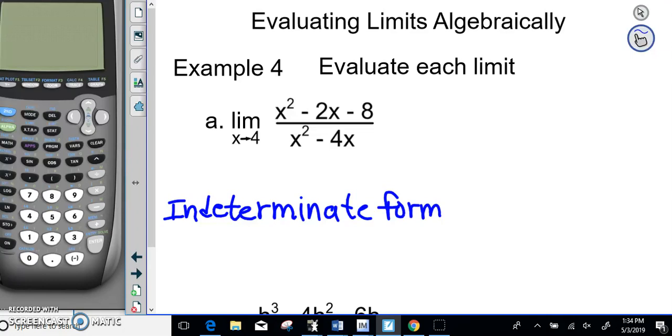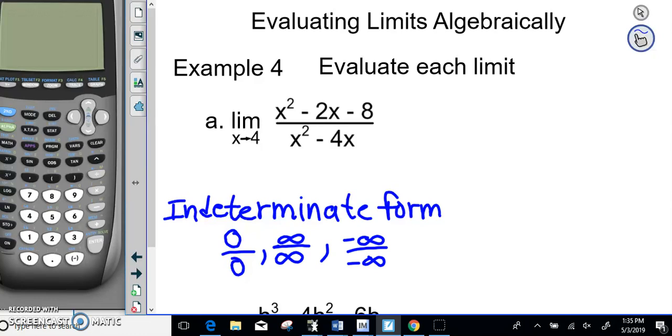You will get one of a few things. You'll get 0 over 0, which is an indeterminate form. You can't determine what the answer is. Or you get positive infinity over positive infinity, or negative infinity over negative infinity, or any form with a positive and negative infinity in it.